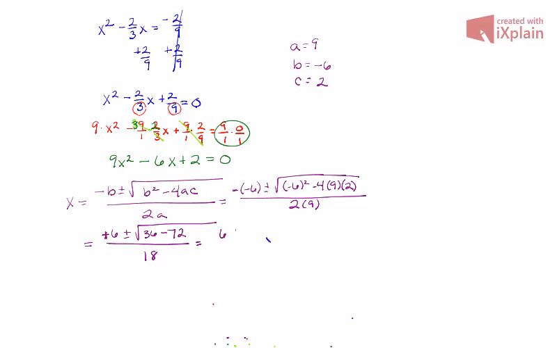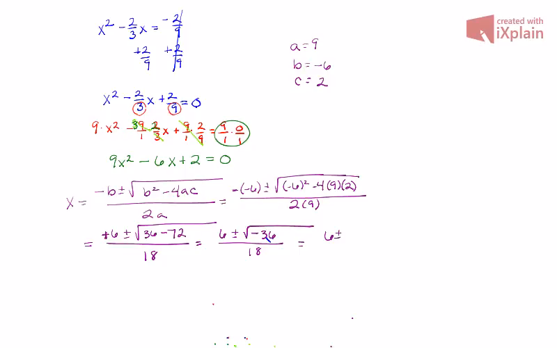Continue to clean this up: 6 plus or minus, and again, you don't need to show all of these steps, but just for the sake of this particular problem, 36 minus 72 gives us negative 36, over 18.